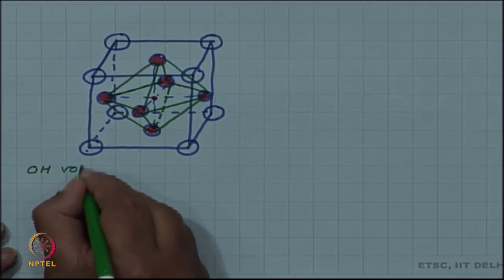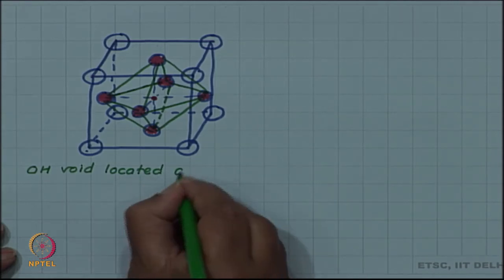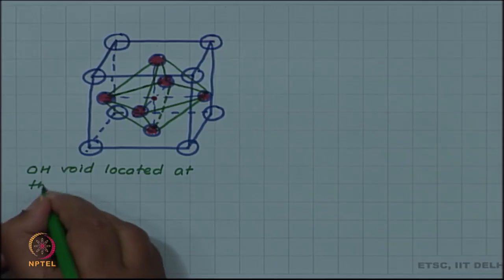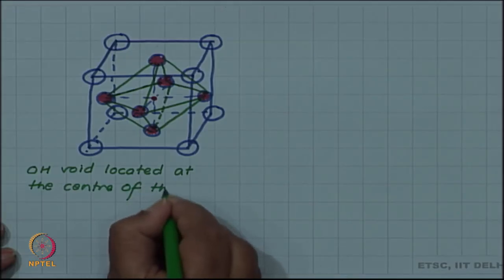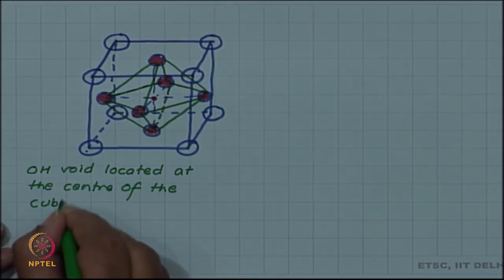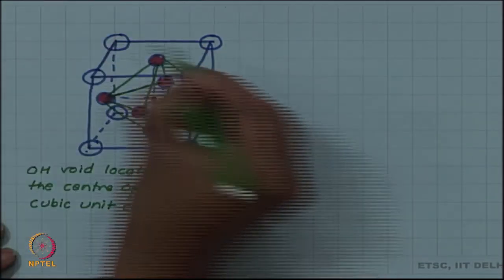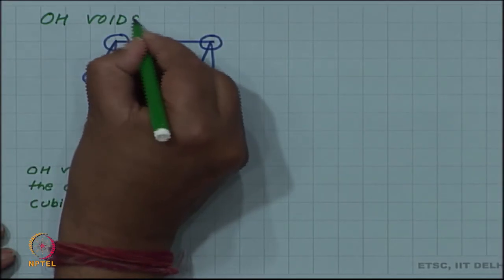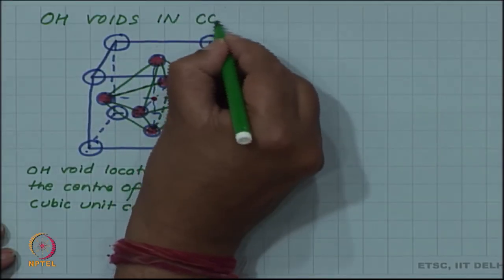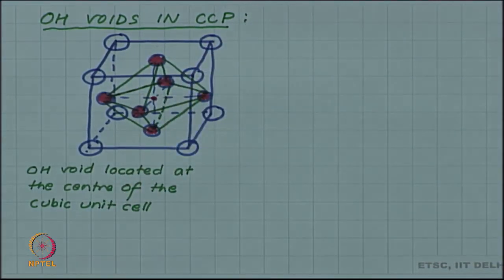So, the OH void is located at the center of the cubic unit cell.